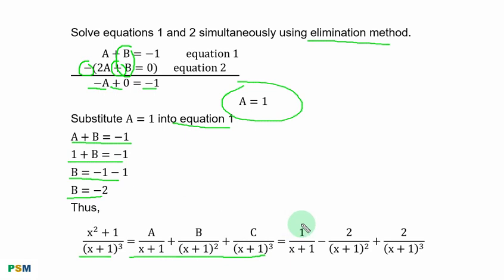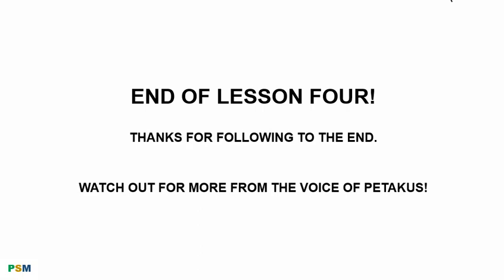A is equal to 1. B is equal to minus 2. If you put minus 2 here, plus minus is minus, and C is equal to 2. This is the required partial fractions. End of lesson 4.